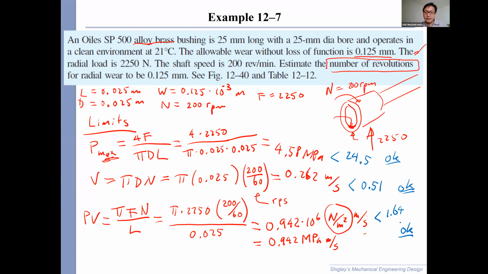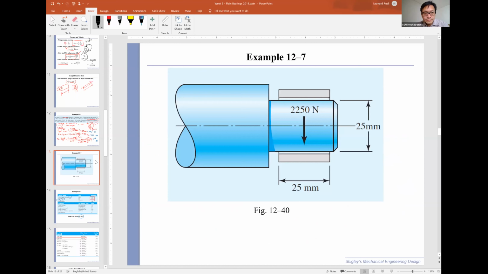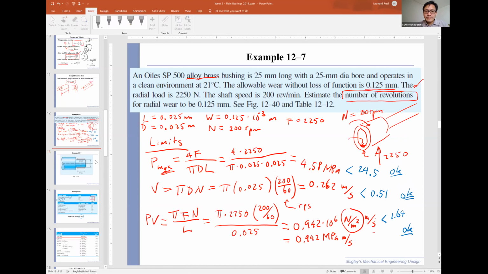Next, we're gonna do wear evaluation. I'm gonna insert an empty slide here. Okay, now we're gonna do wear evaluation, because we want to know when it will fail.